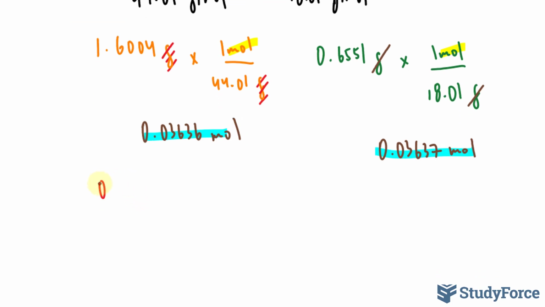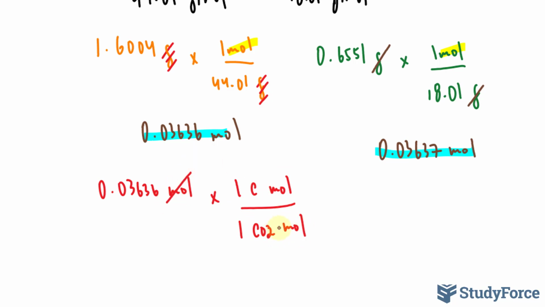So I'll write down 0.03636 moles of the total amount times 1 carbon mole over 1 CO2 mole. This will cancel out with this, leaving me with the amount of carbon moles. So 0.03636 times 1 is the same thing. This is the amount of moles of carbon within this molecule.